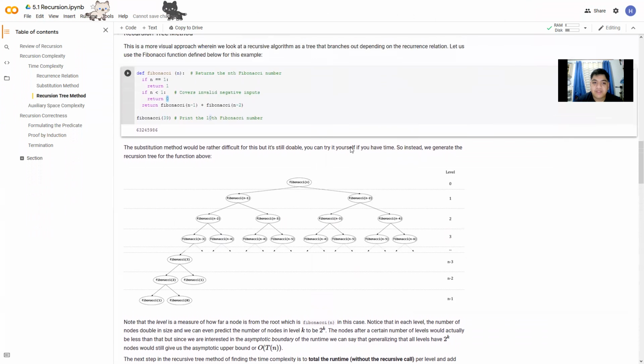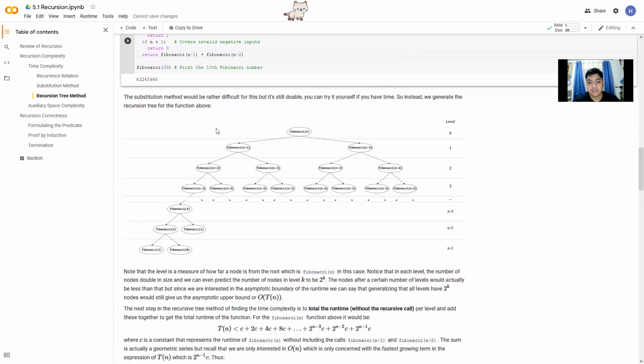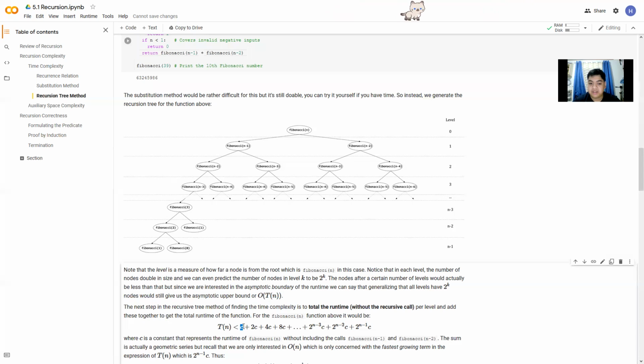The Fibonacci function itself, without the recursive call, just runs at constant time since it's just doing an addition. So for level 0, we have a runtime of C. For level 1, we have a runtime of 2C, where C is the constant runtime of a single Fibonacci call.